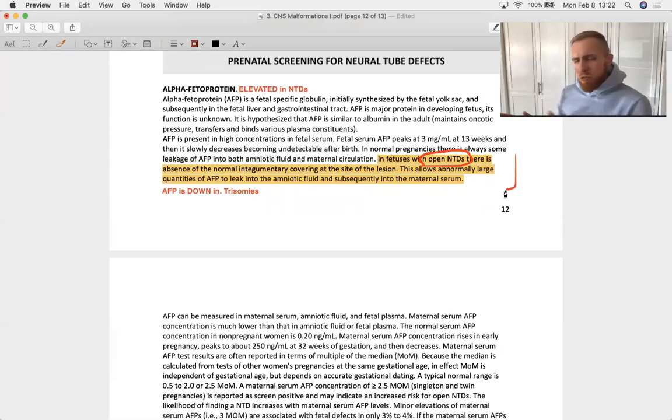Which pathology does baby most likely have? And then they'll give you 4 closed neural tube defects and 1 open neural tube defect. That's how you would have to know that open neural tube defects are the reason why alpha fetoprotein gets elevated, because it just leaks out through the placenta into the amniotic fluid into mom.